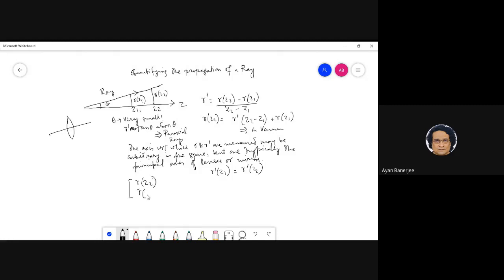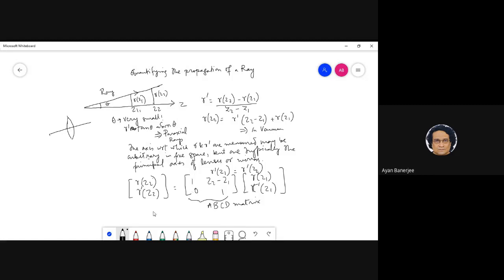Rz2, R dash Z2 can be written in this form, with Rz1, R dashed Z1. And this, friends, is what is called the ABCD matrix. ABCD means this is A, this is B.